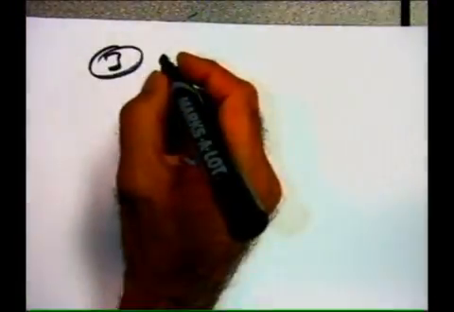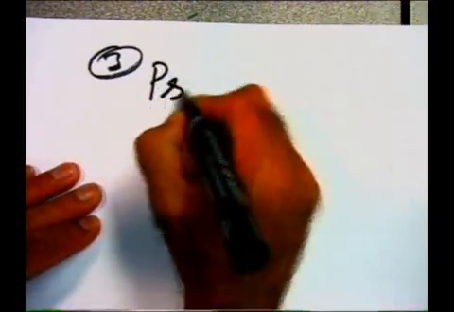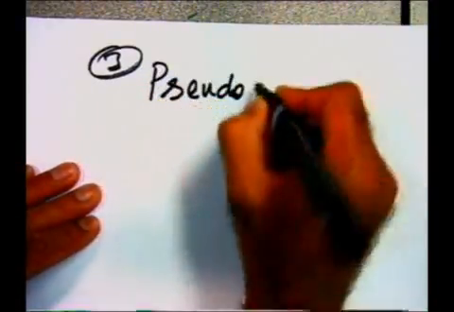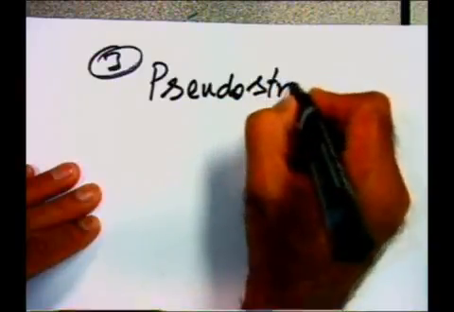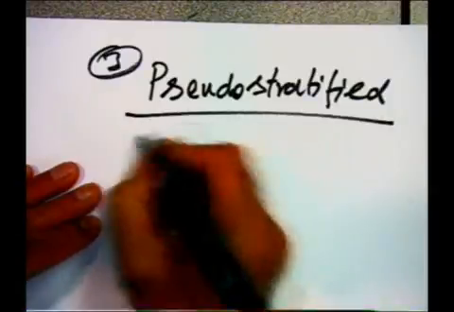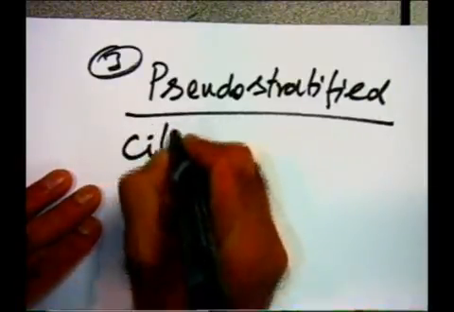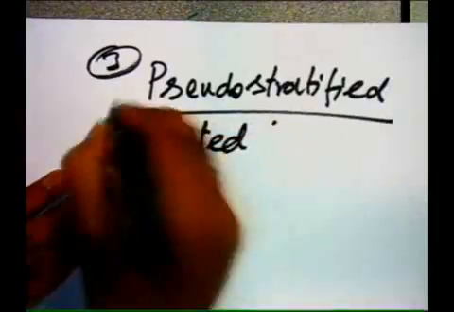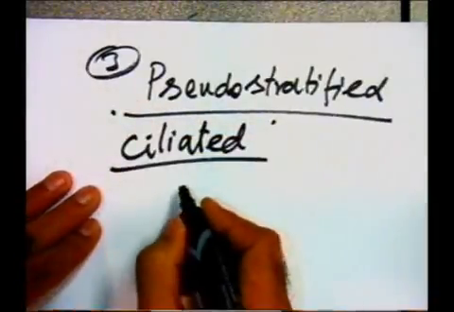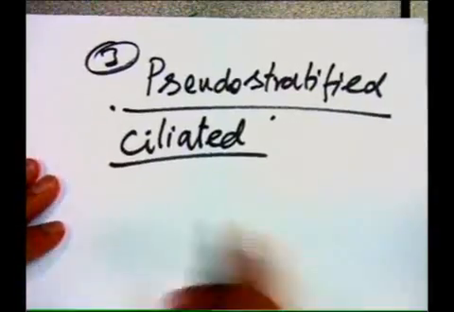So now we'll go on to the third, pseudostratified epithelium, but here we will study specifically the ciliated one. The cilia are present. And here the cells vary in height but all rest on the basal lamina.